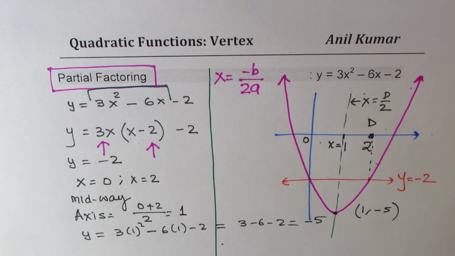I hope this video gives you good insight into finding the vertex for a parabola. This is very important since the vertex also signifies the optimum value for many application questions.